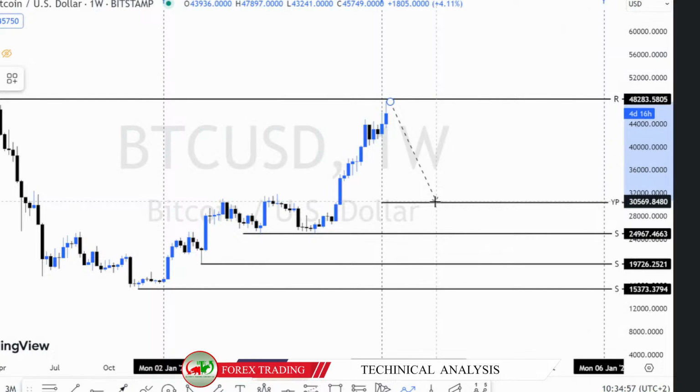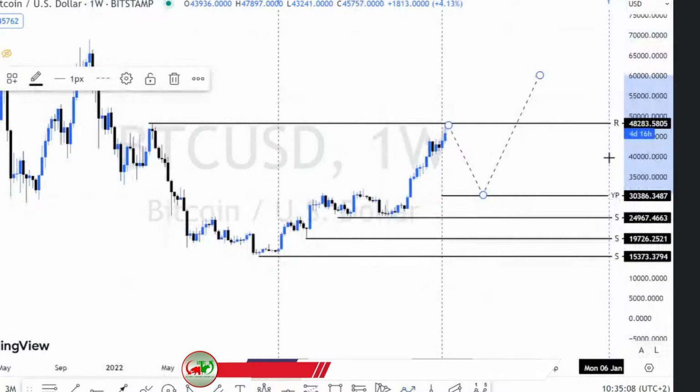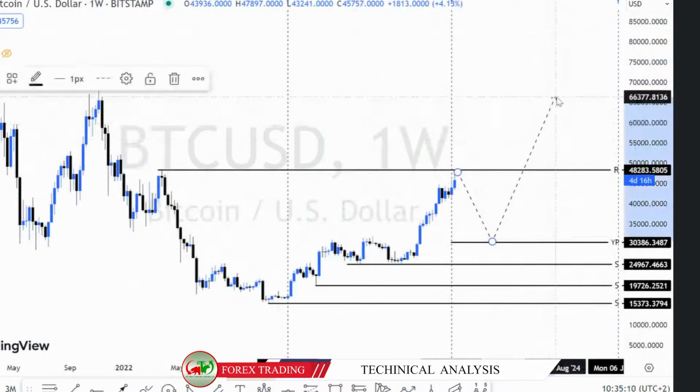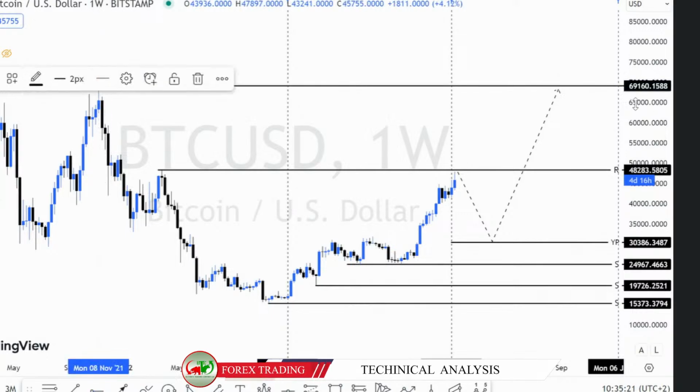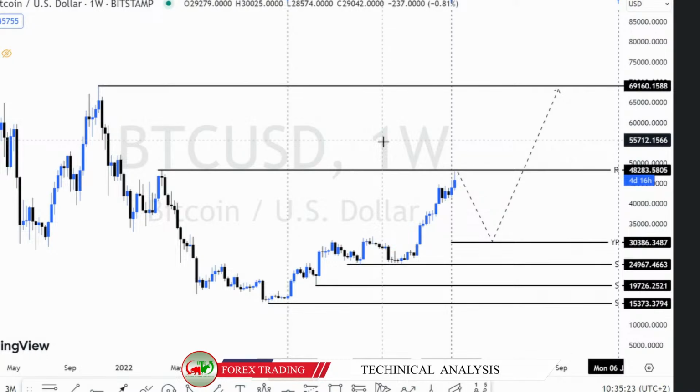It was a broken resistance, which should turn into support, and then we'll see a new push up. Bitcoin is a very volatile market, and if we get this pullback, our take profit will be around the 69,000 to 70,000 mark on Bitcoin.